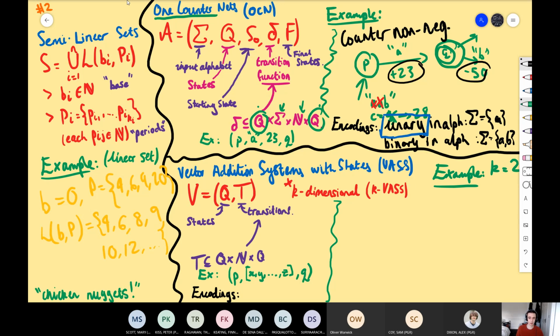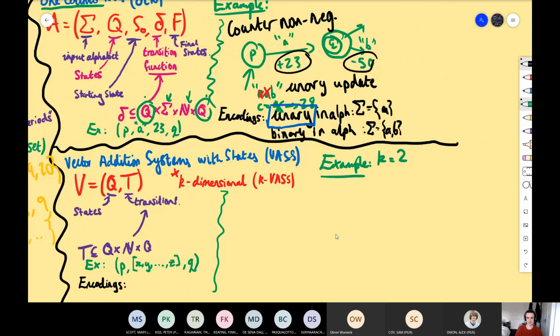And you can also have different encodings for the updates. If the updates are encoded in unary, I'll call it unary update. If updates are any one of these three, you're allowed to either take one, not add, or just add one.